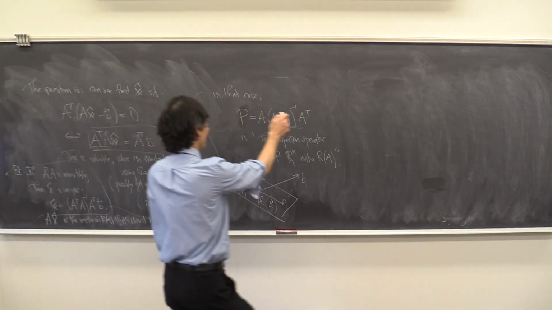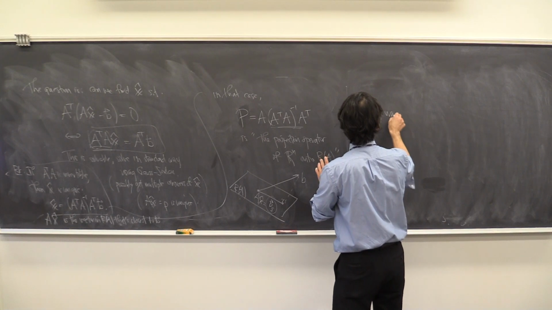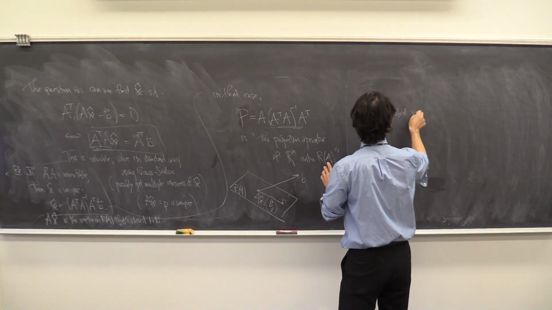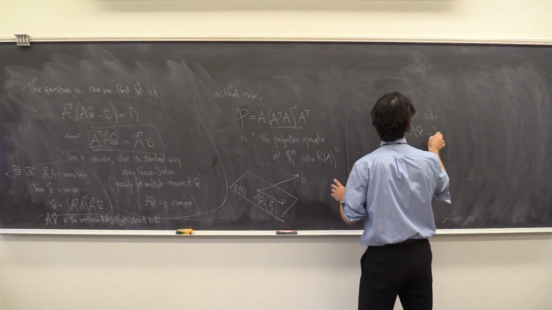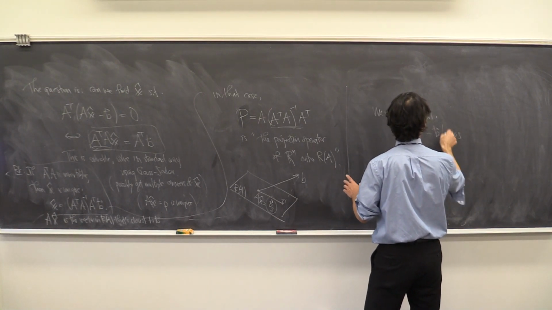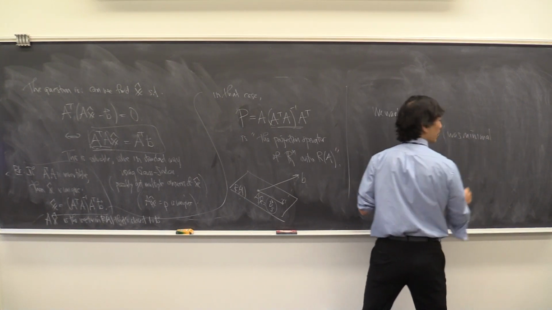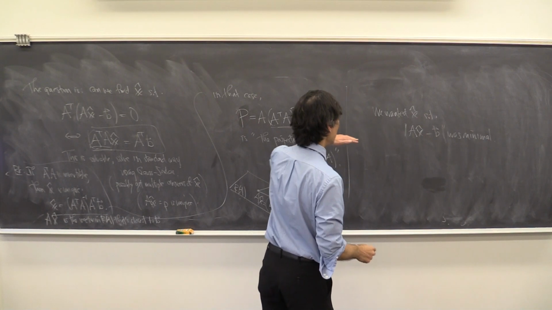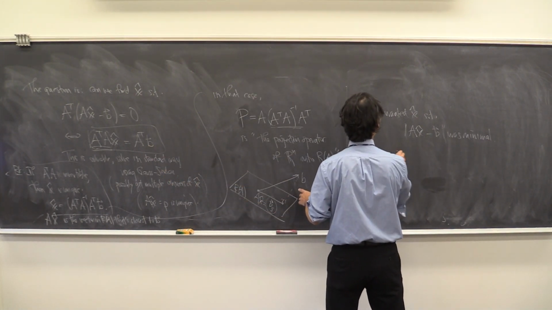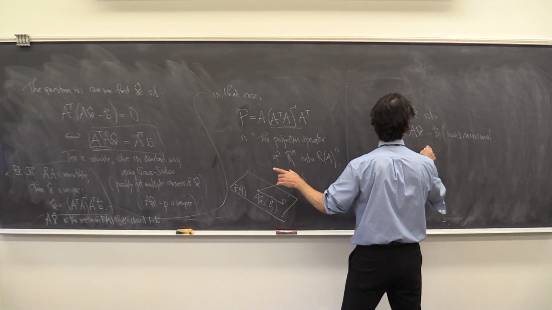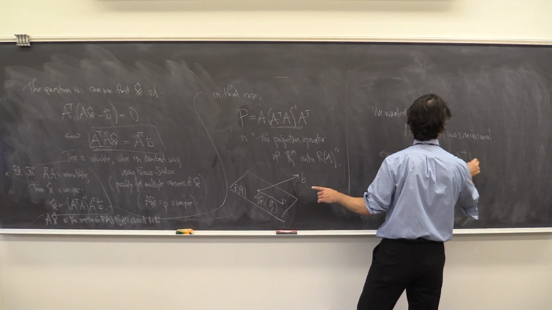Sorry. Okay, so we wanted x such that Ax minus b was minimal. We saw that that's the same thing as answering the question A transpose A x hat equals A transpose b.